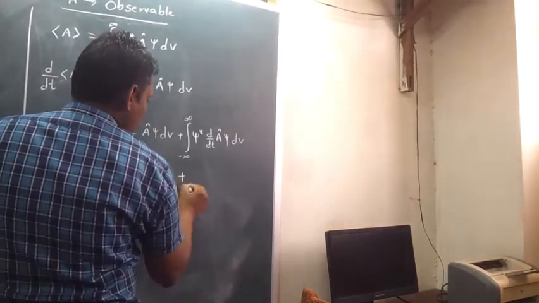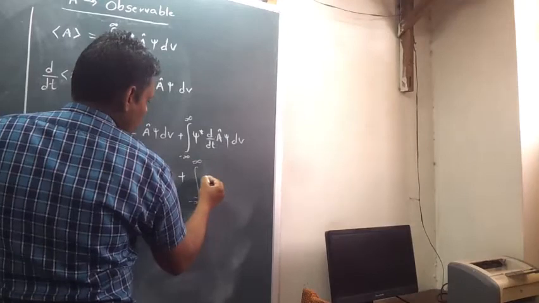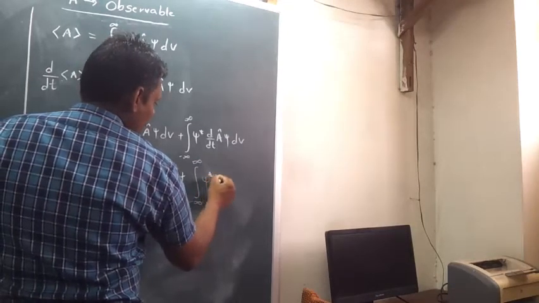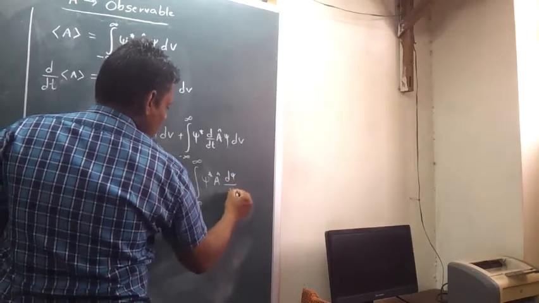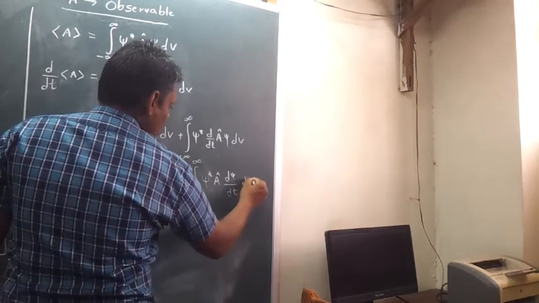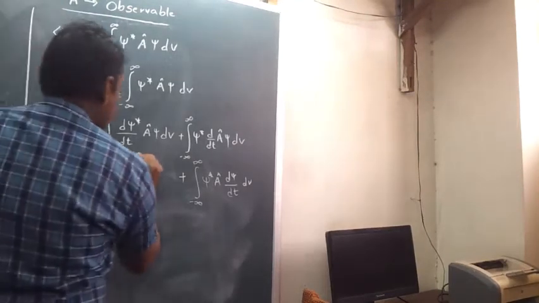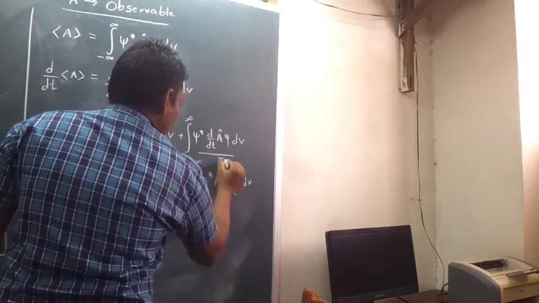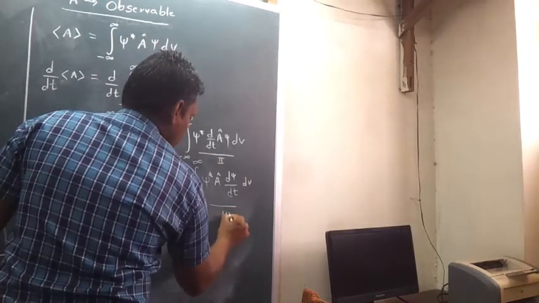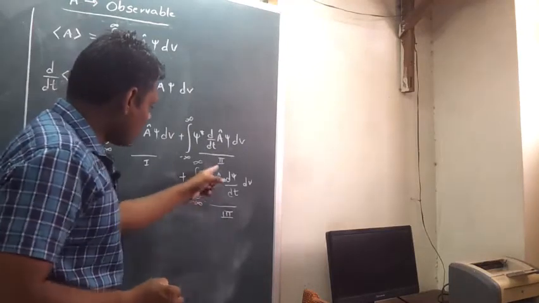The third is the integral of psi star A cap d psi upon dt d tau. This is the first, second and third term.